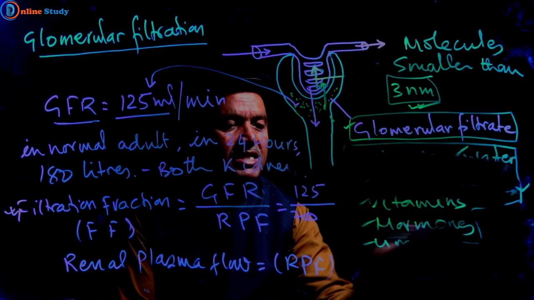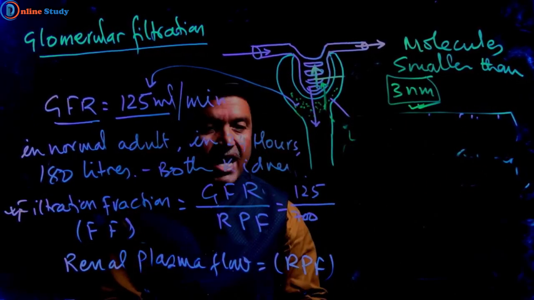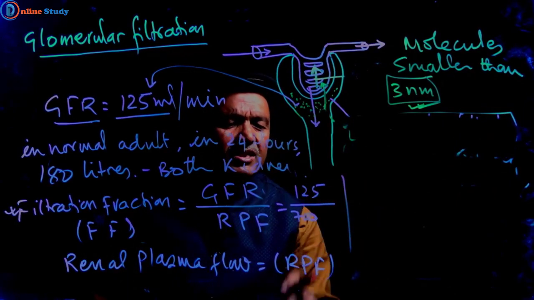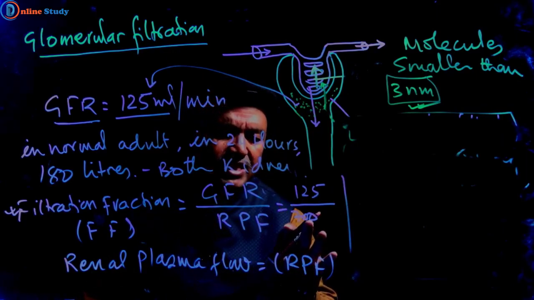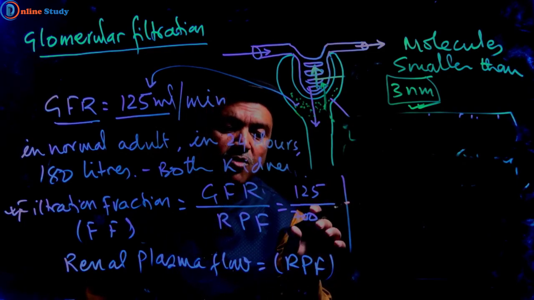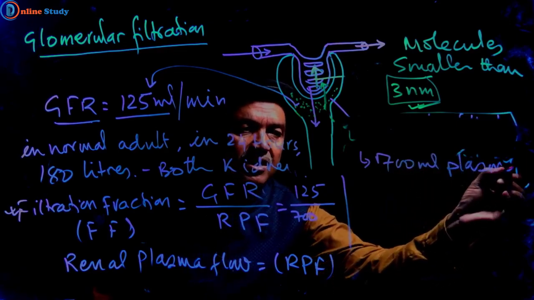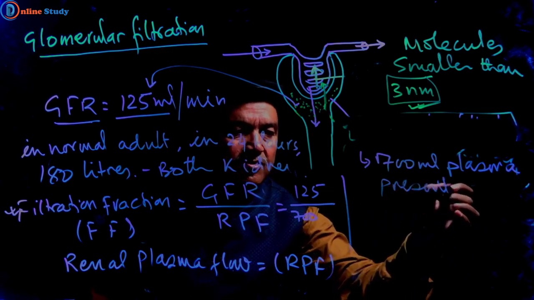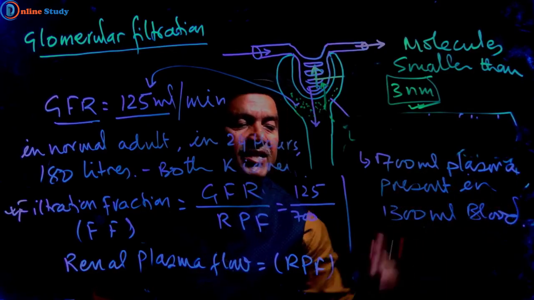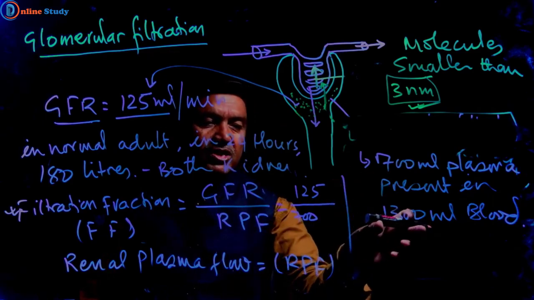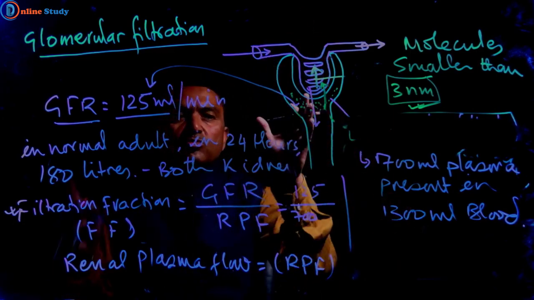So I think you might have understood what I am explaining. 125 ml is produced, that is glomerular filtration rate, and we have written 700 ml. 700 ml is the amount of plasma present in 1300 ml blood, which is filtered through both kidneys.